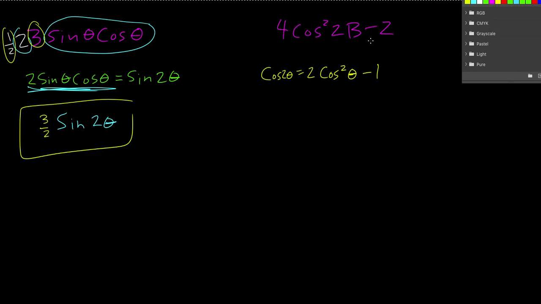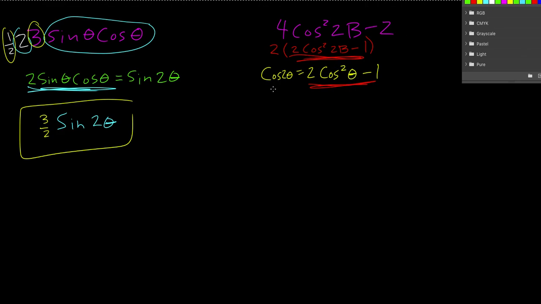we almost have that, right? So if we just take out a 2, like factor out a 2, we'll be left with 2 times 2 cosine squared 2b minus 1. So we think of this 2b just as theta. We see that we have exactly that piece.